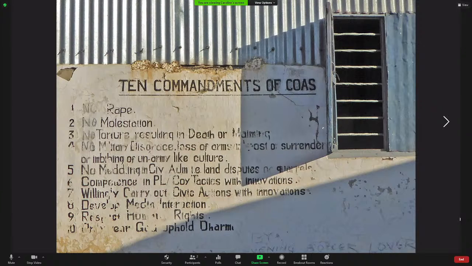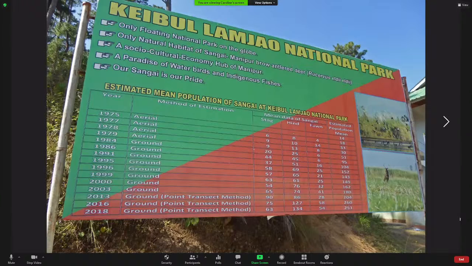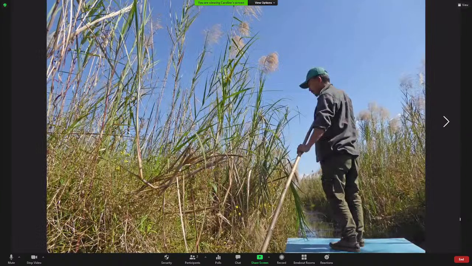So we went on from here to the Kibul Lamjau National Park, which occupies a fair proportion of the lake. And as it says, it's the only floating national park on the globe. And we were looking out for the Sangai deer. We had a little boat outing from a jetty through a channel that had been cut through the vegetation.